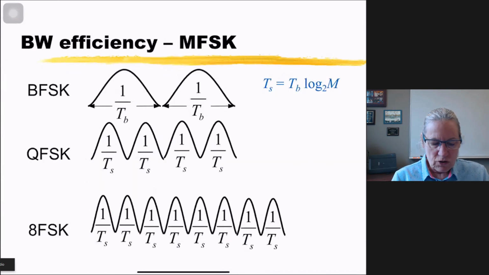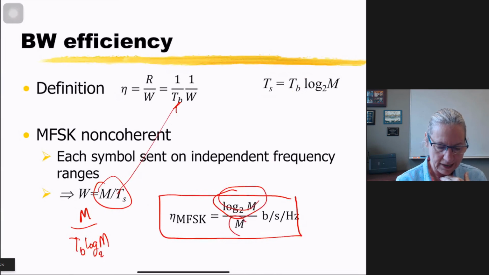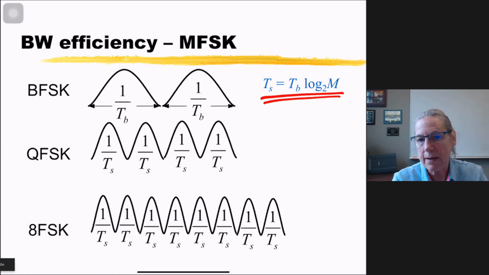So let's try and figure out where these two terms come from for this modulation format, a logarithm in the numerator and linear in the denominator. Of course we have the relationship between TS and TB here: for binary, for instance, log 2M would be 1, and the bit time and the symbol time would be the same.